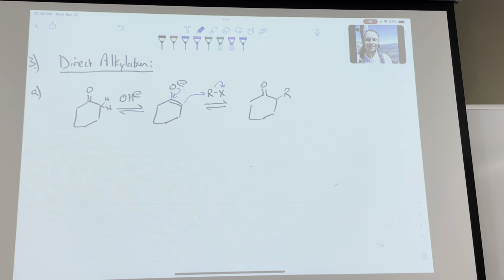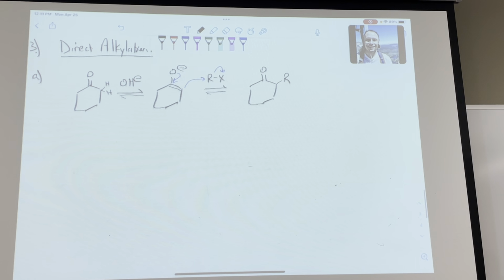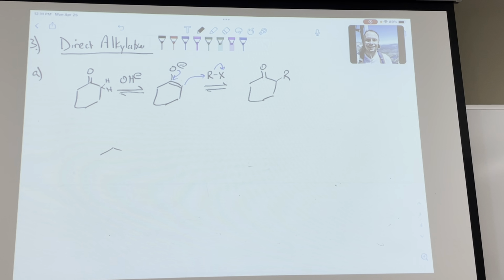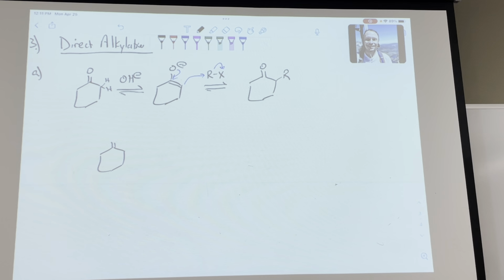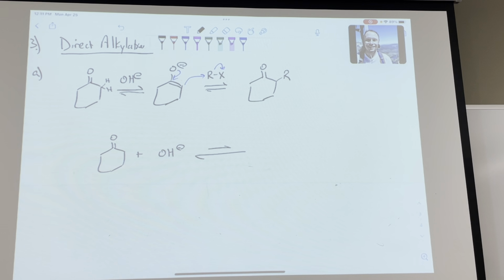So let's think about this first reaction. The first reaction is the deprotonation of the alpha position. So I'm going to write out this ionization expression like we were back in Gen Chem for a second.